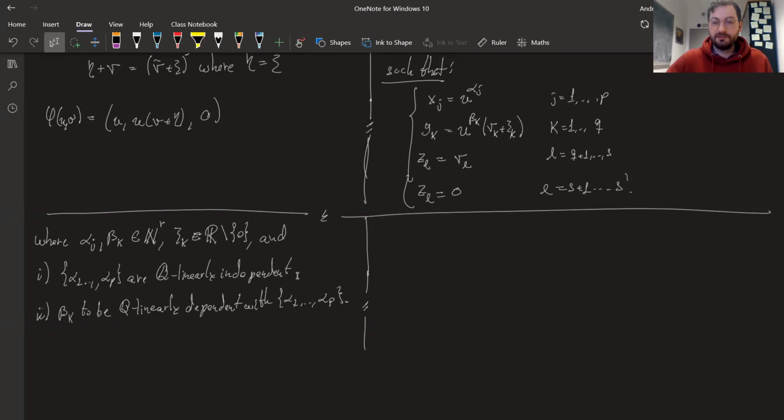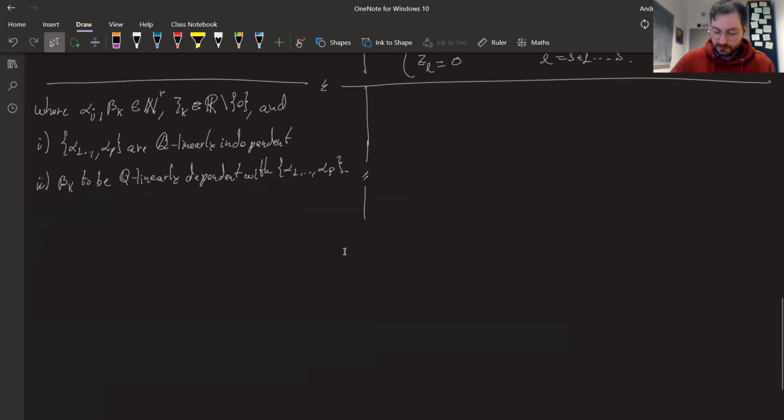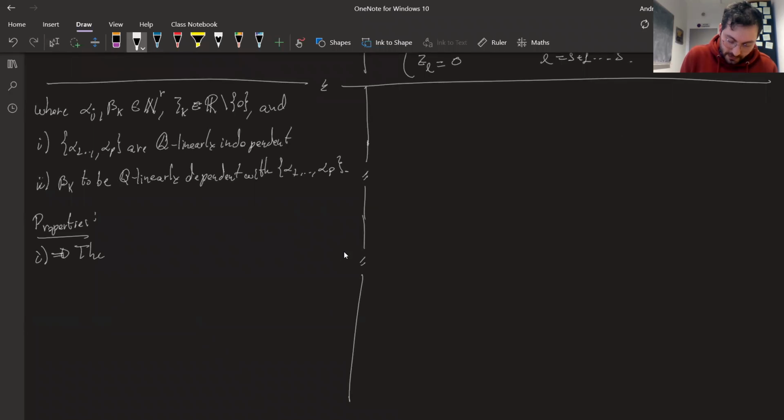As a matter of fact, property one is enough to claim one of the properties that we want. So let me write it down. Property one implies that the image of phi is locally contained in a smooth Q submanifold.